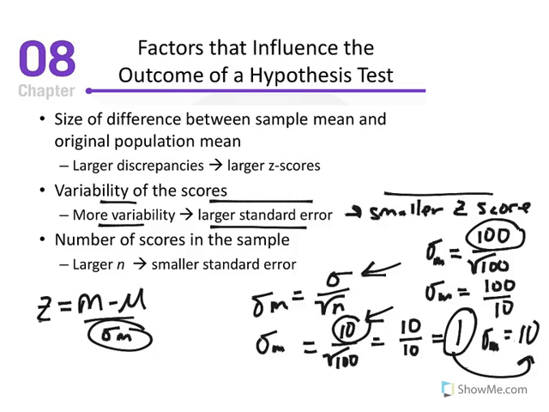So again, more variability in the original population lends itself to a larger standard error. Larger standard errors will produce smaller z-scores and consequently decrease our ability to reject the null, because smaller z-scores mean that they're closer to the center of 0. And that's usually the region where we would fail to reject the null hypothesis.